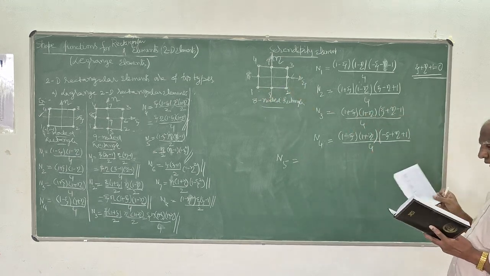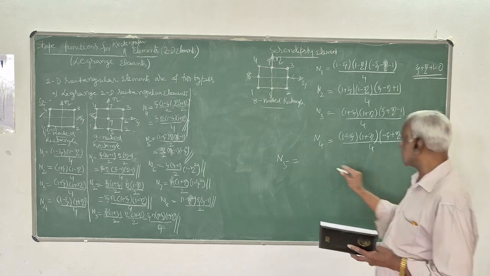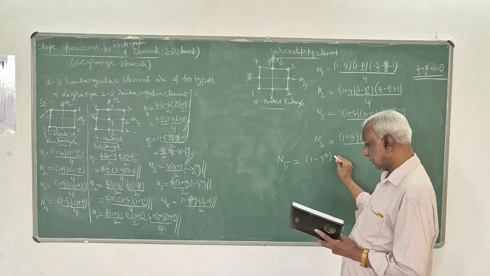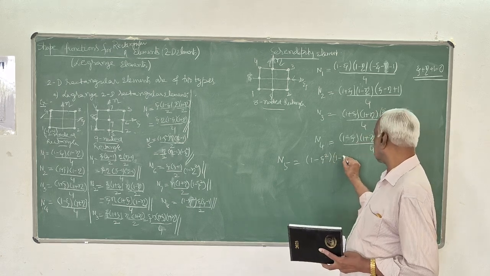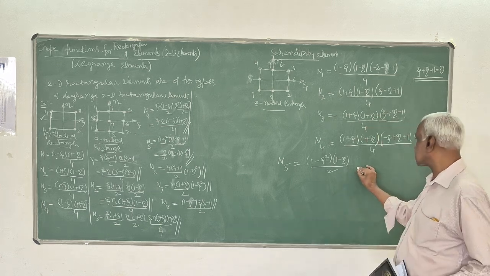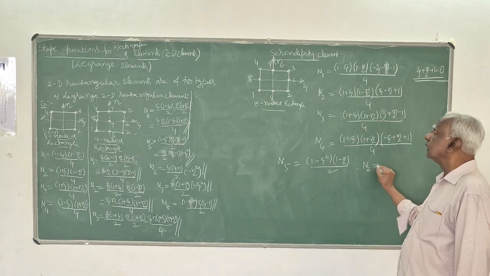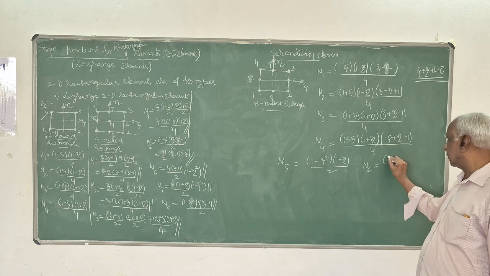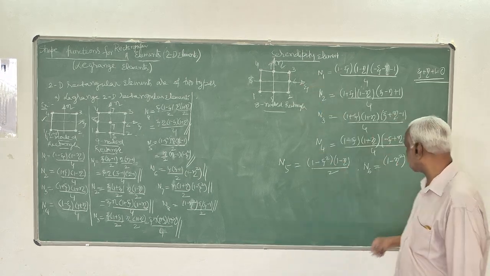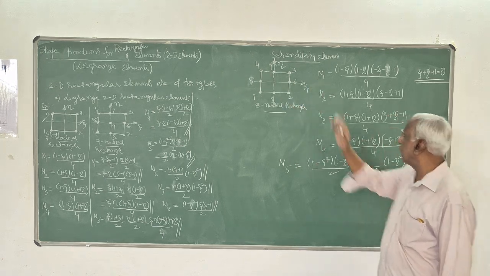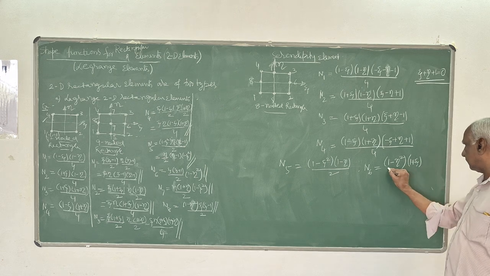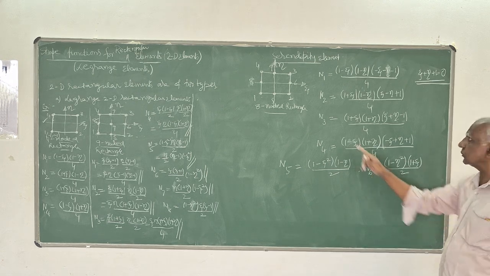For the mid-side nodes, N5 you can write as (1 minus psi square) into (1 minus beta) by 2. Same like that, N6 is (1 minus beta square); you know it is in the beta direction, at a distance on that side, divided by 2.